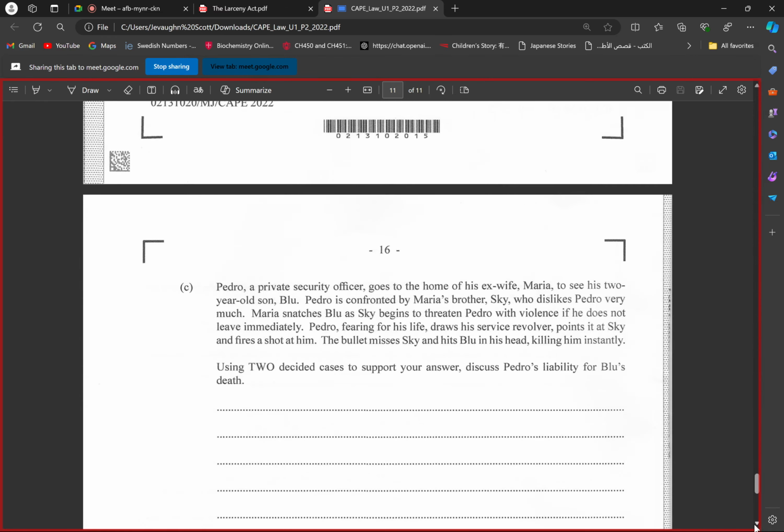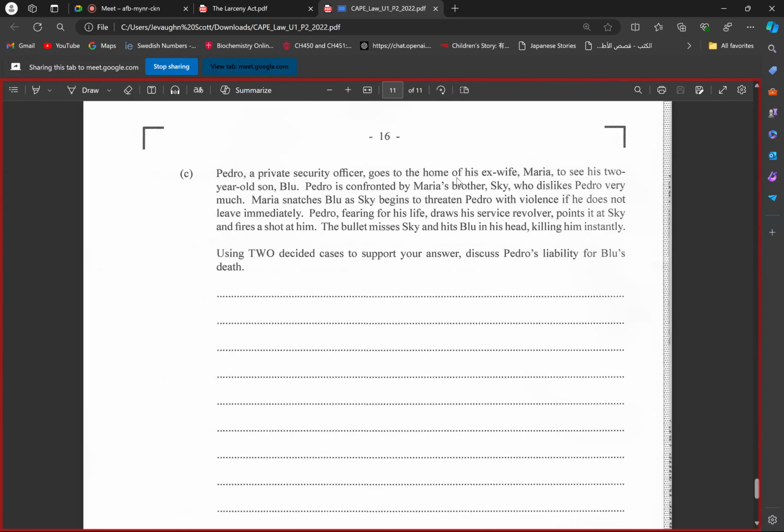Pedro, a private security guard, goes to the home of his ex-wife Maria to see his 2-year-old son Blue. Pedro is confronted by Maria's brother Sky, who dislikes Pedro very much.